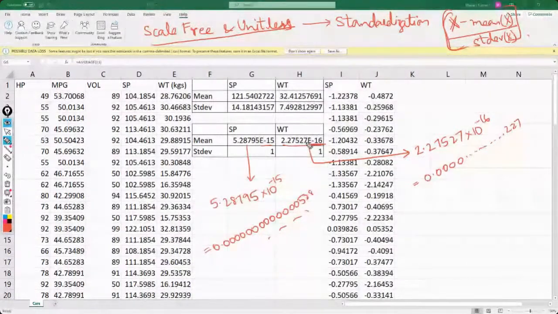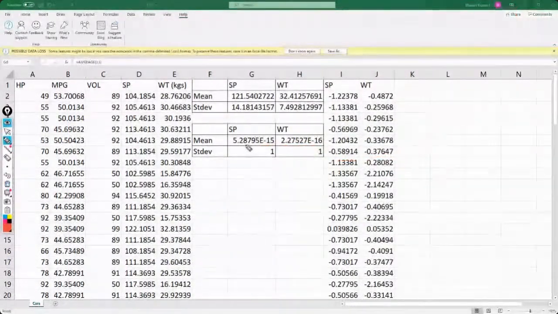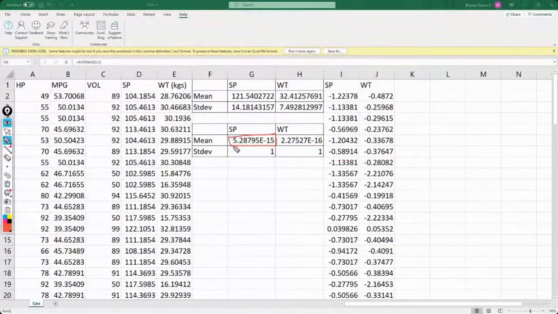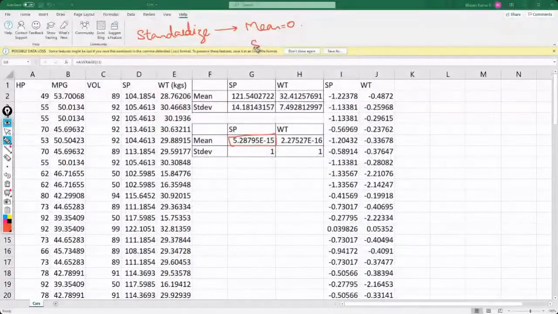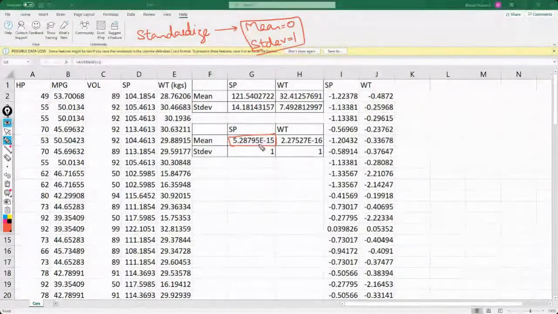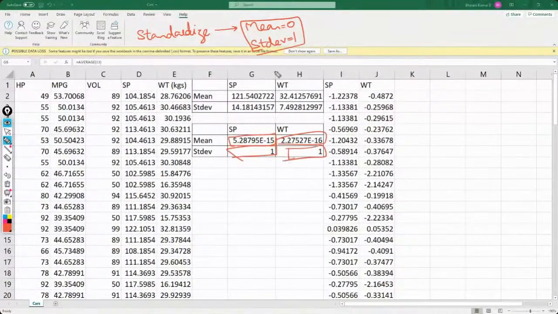So you get a 0. That means whenever you standardize, you get mean equal to 0 and standard deviation equal to 1. Simple.